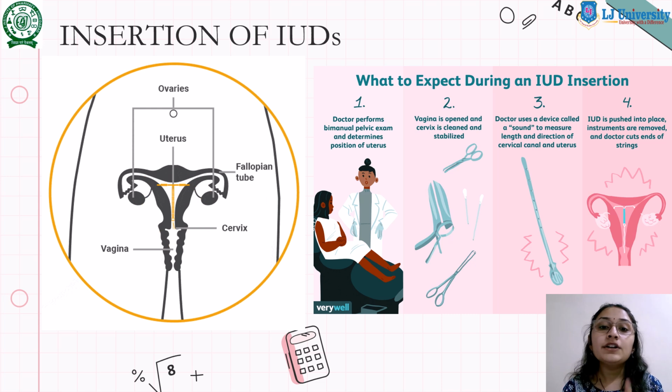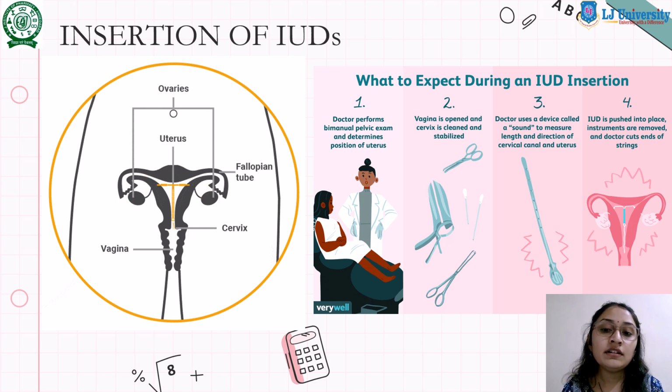The first step is to locate the position of the uterus, which is known as bimanual pelvic examination. After that, the doctor will open the vagina and clean the area of the cervix so that the position of the uterus is stabilized. Then, before inserting the IUD, the third part is to measure the length of the uterus.